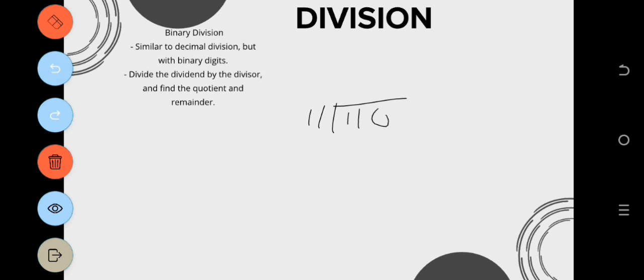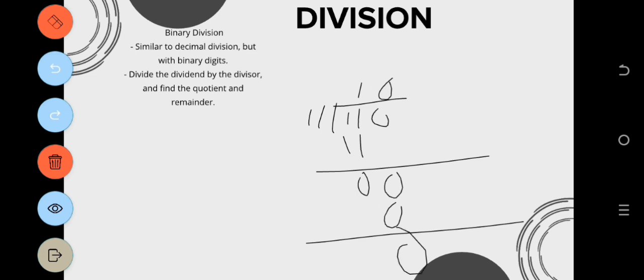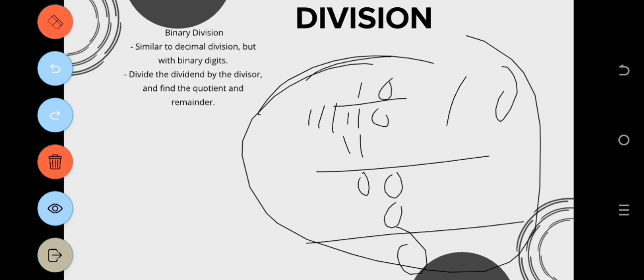So 1, 1 divided by 1, 1 is 1. 1 times 1, 1 is 1, 1. Bring down 0. 0 divided by 1, 1 is 0. And 0 times 0 is 0. And the answer is 1, 0. That's the answer. That's all I can do in division because I'm not really familiar with this, but I will try next time.